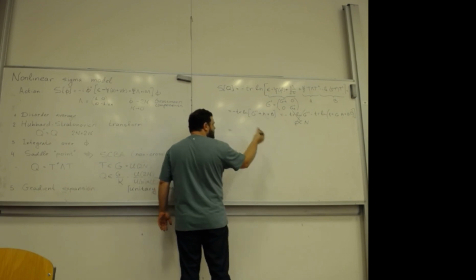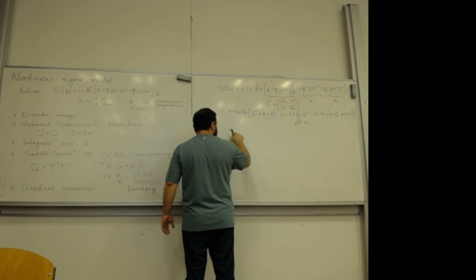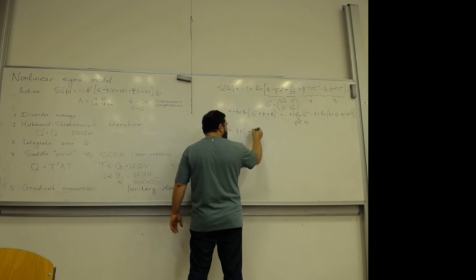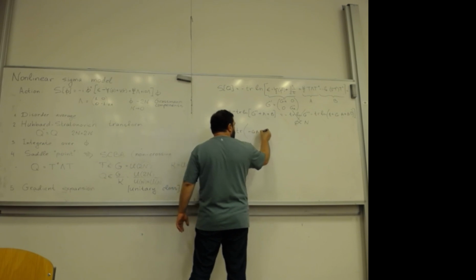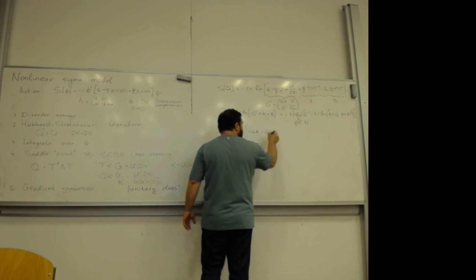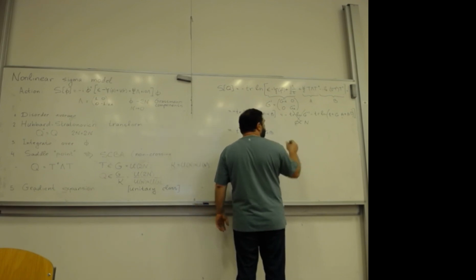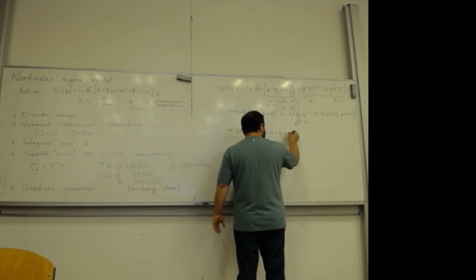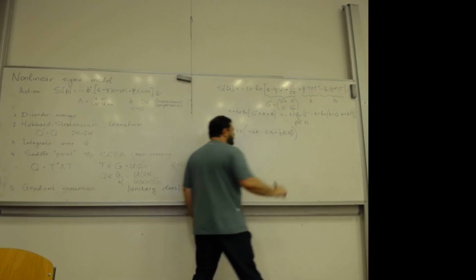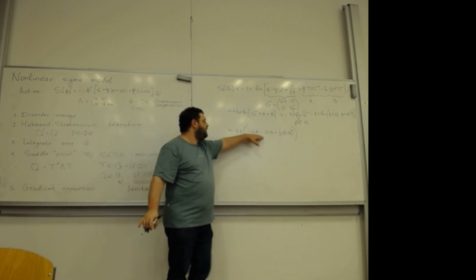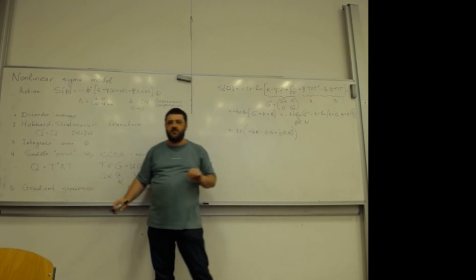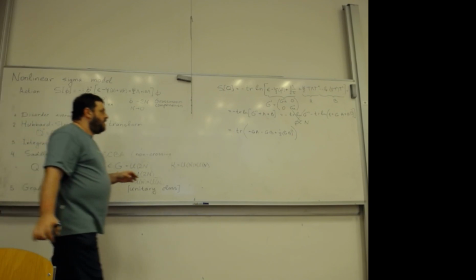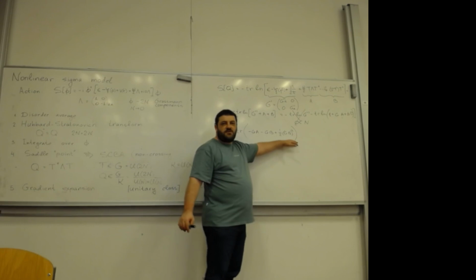And I expand it, so this trace is minus GA minus GB plus 1/2 GB squared. I expand to linear order in A and quadratic order in B. Now, why do I expand to the quadratic order in B?